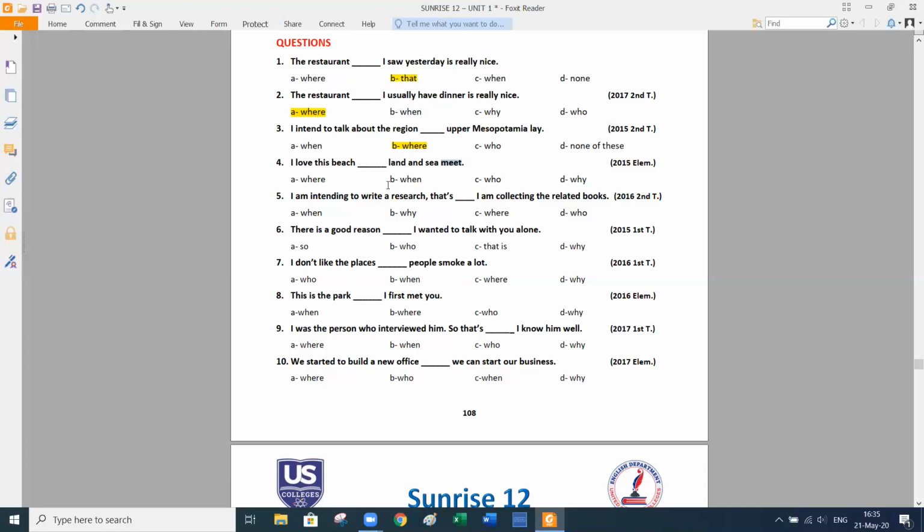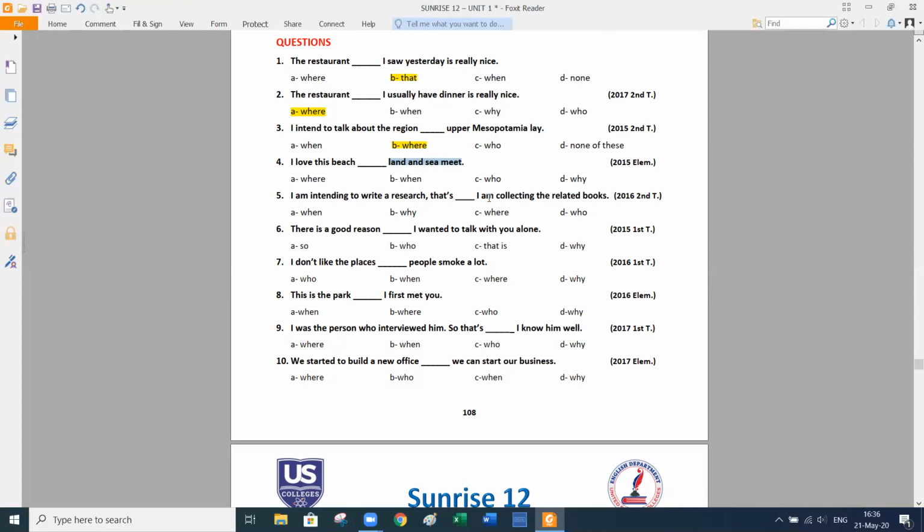We can use the verb meet with an object, also without an object. So in this sentence, I love this beach where land and sea meet. When I separate the sentences, I would say, for example, land and sea meet here. So it doesn't need an object in the sentence.